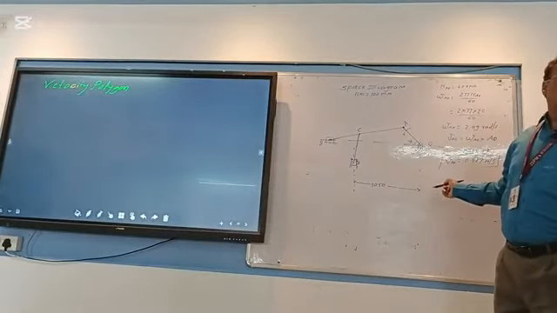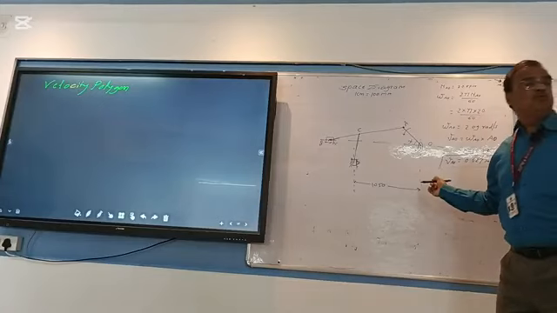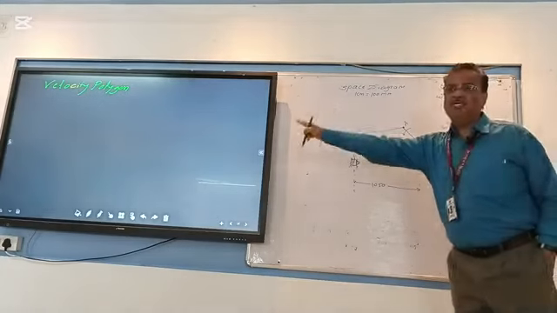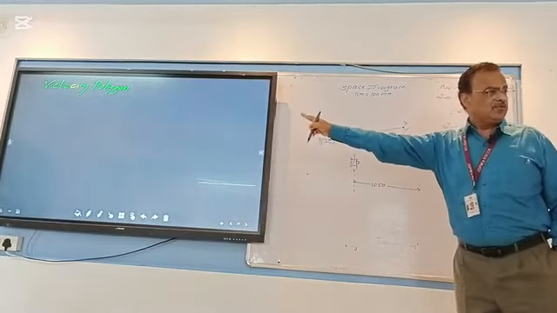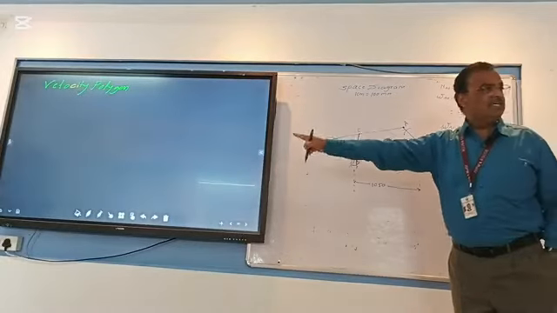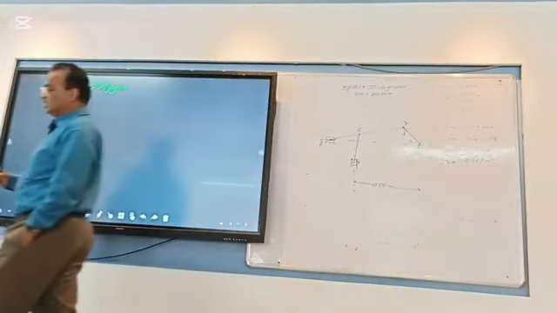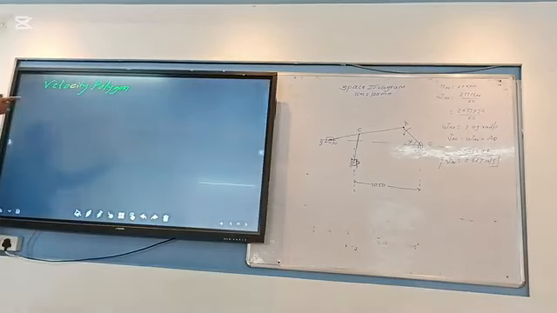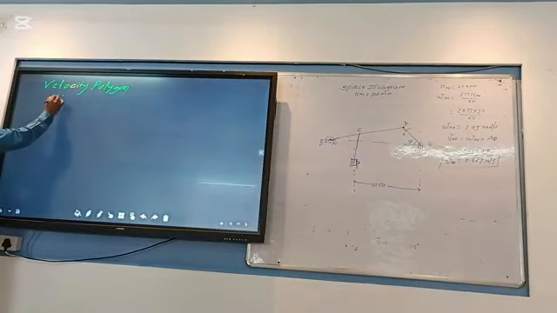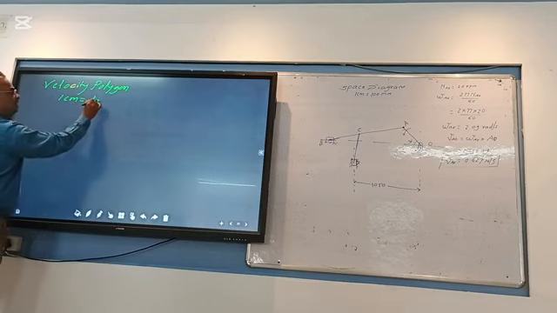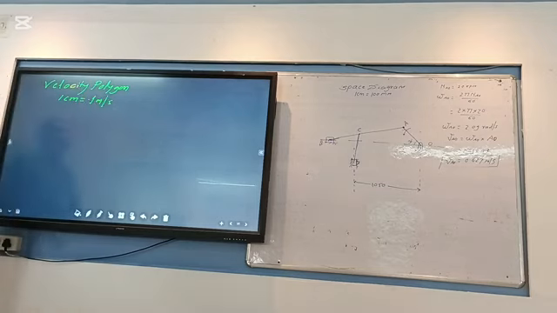I cannot draw a line of meter per second. I have to convert this meter per second into centimeters. That's why I have to assume a scale. So what scale will you suggest for this velocity by seeing that value? 1 centimeter equals how much? 0.1 meter per second. This is my scale for the velocity polygon.